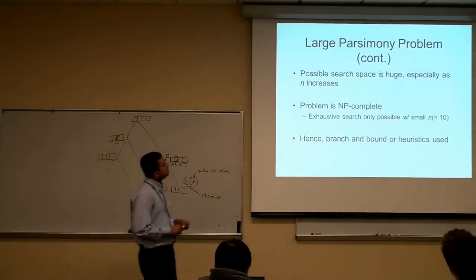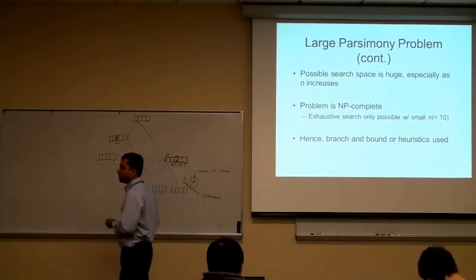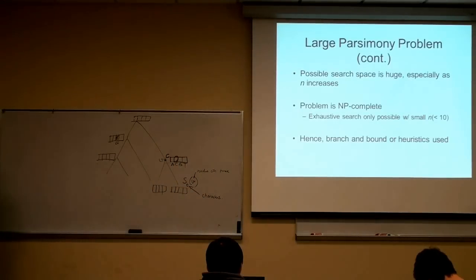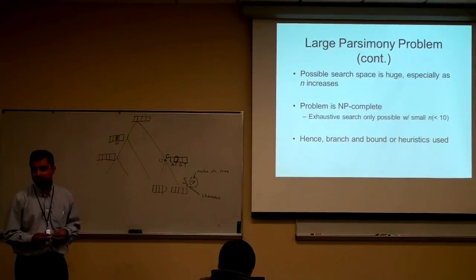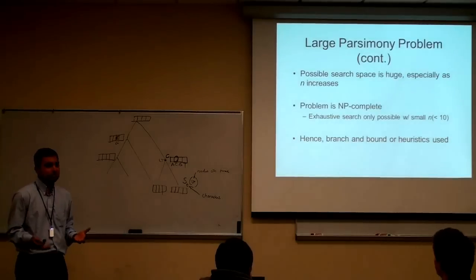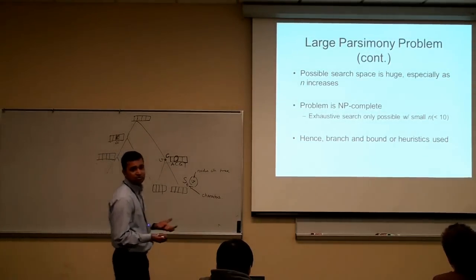Of course, I had simplified the problem for you by defining the small parsimony problem, meaning that the topology was given to you. Remember, all this was conditioned on knowing the topology. But in general, you don't know the topology.